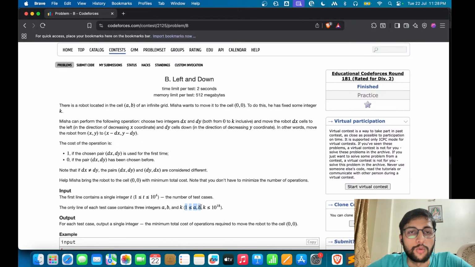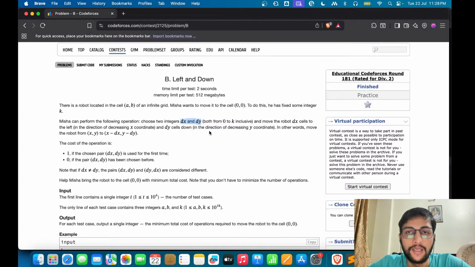And what we can do is, in one operation we will be given an integer k. We can choose two integers dx and dy. The values of both of these should lie from 0 to k, and we can basically move the robot left by dy and up by dx.